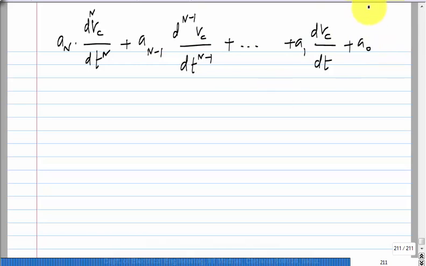In our case, A0 was 1 and A1 was RC. On the right side also you could have many derivatives. I will just take some example. This is the mth derivative and so on.